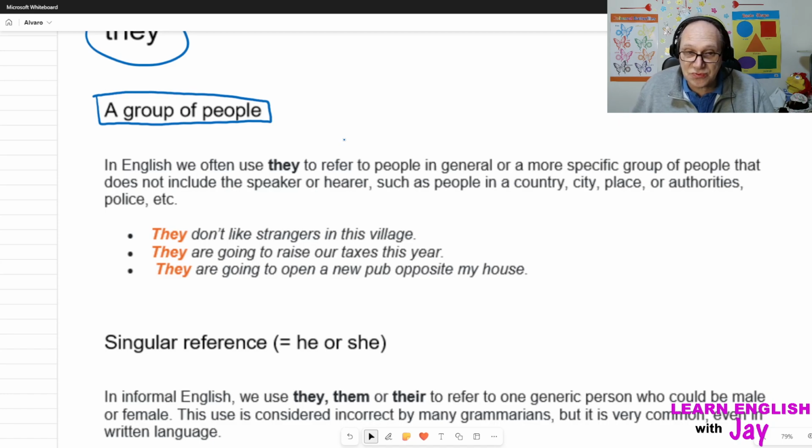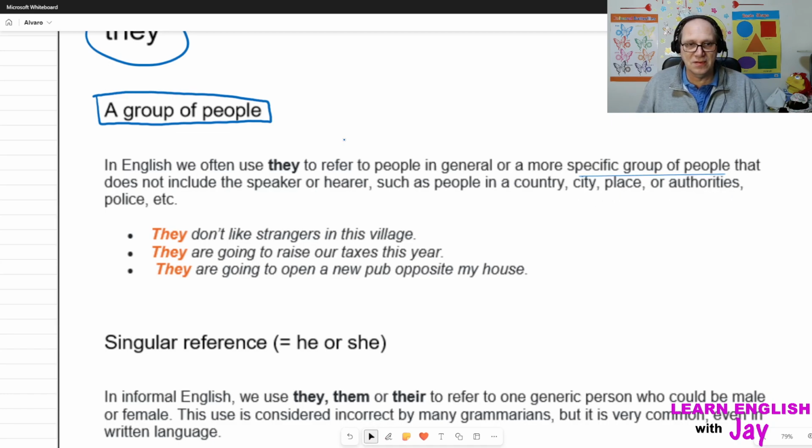So in English, we often use they to refer to people in general or a more specific group of people that does not include the speaker or the hearer. So we is fine if it's the speaker and the hearer. But if you're talking about another group of people that does not include you, for example, people of a different country, a city, a place, or authorities or police, because you are not a part of them.